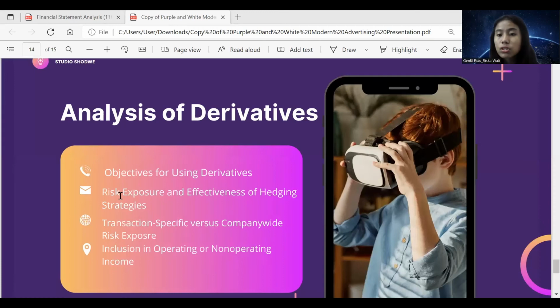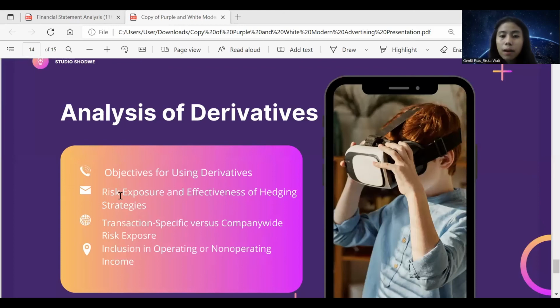Companies rarely use derivatives with an aim to hedge all company-wide risk exposure. Moreover, accounting rules disallow hedge accounting unless the hedge is specifically linked to an identifiable asset, liability, transaction, or commitment.